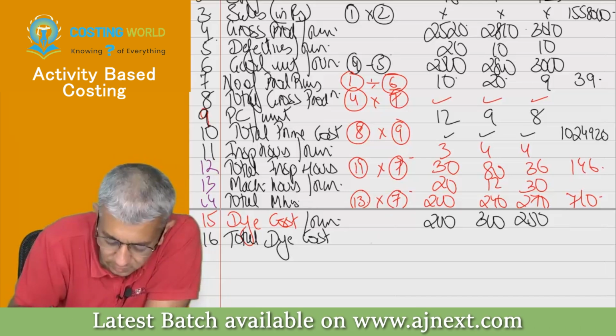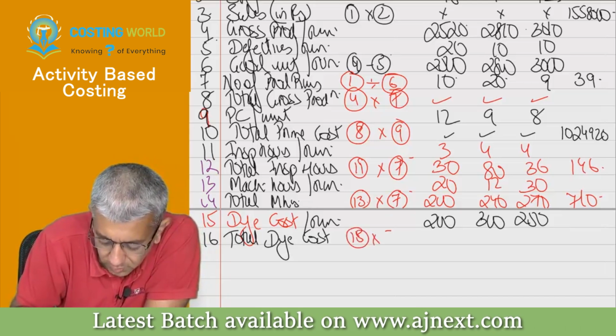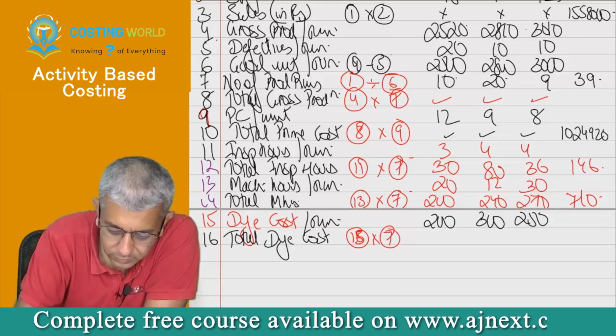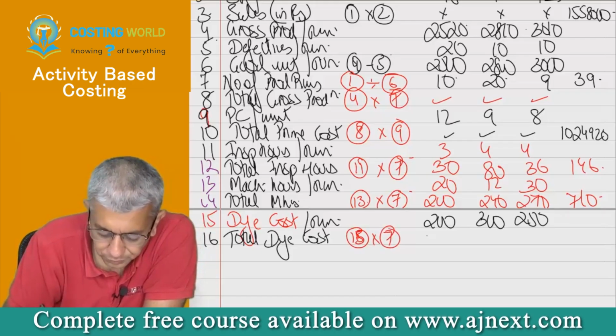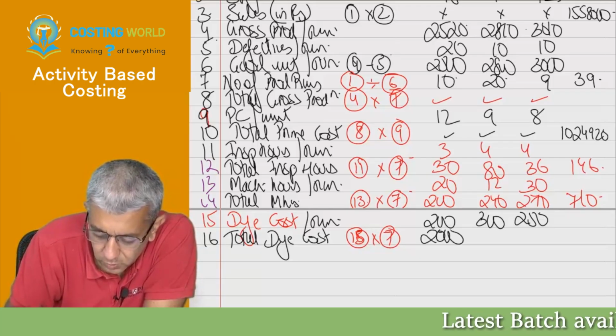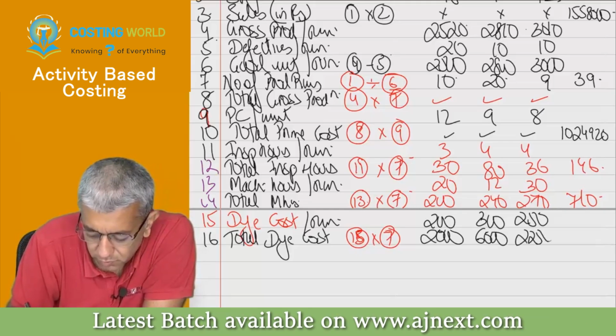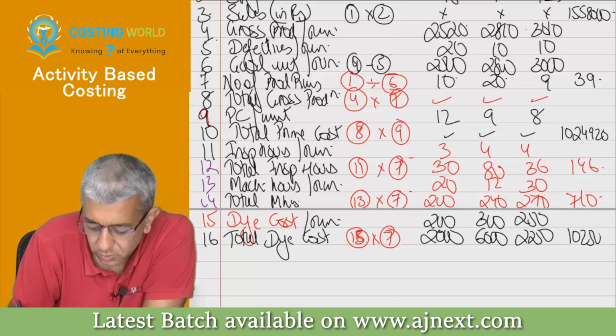That will be 15 into number of runs, beta. Number of runs are in 7. So 200 into 10, 2000, 300 into 20, that's 6000, 2250, total is 10,250.